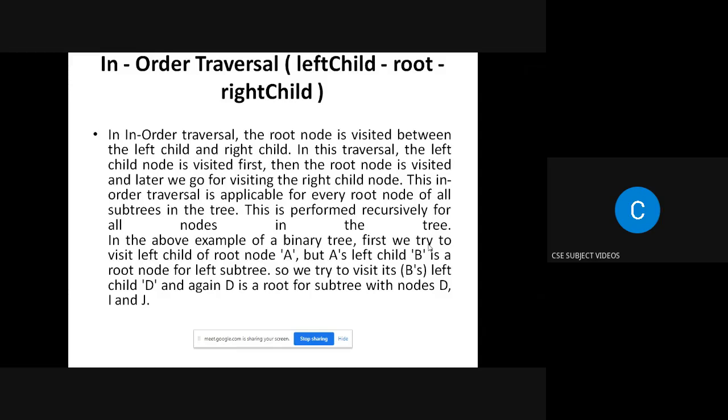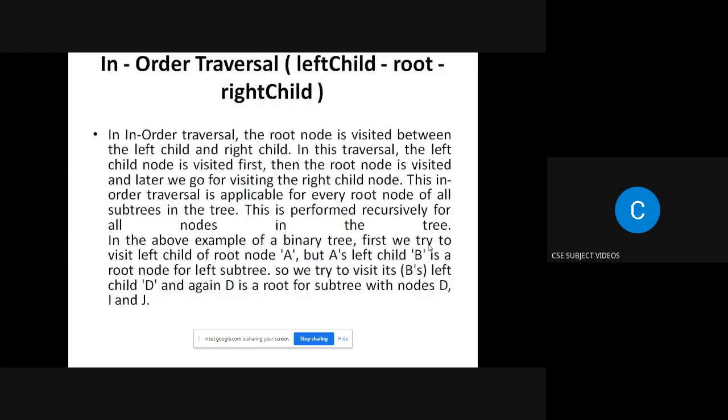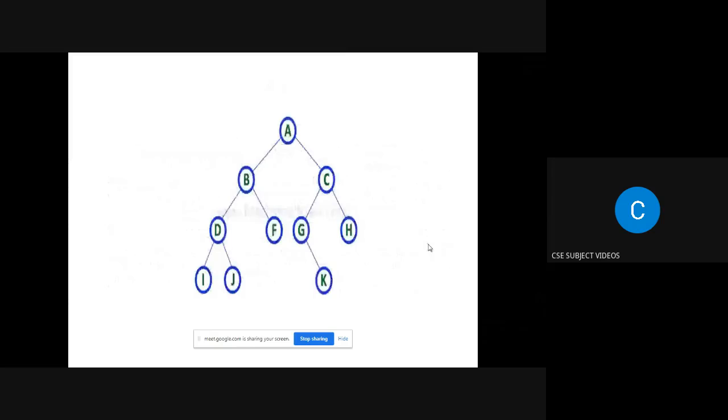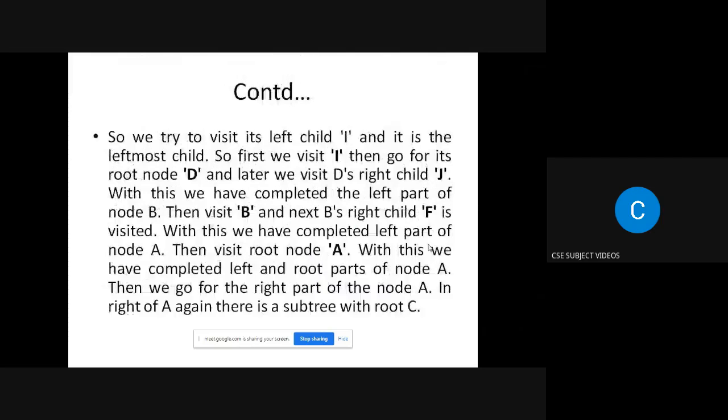In the above example of binary tree, we will try to visit the left child of root A, but A has the left child B. B is the root node of the left subtree. So if we try to visit B, B's left child is D, and again D's left child is I. So we try to visit its left child I, and it goes to its leftmost child.